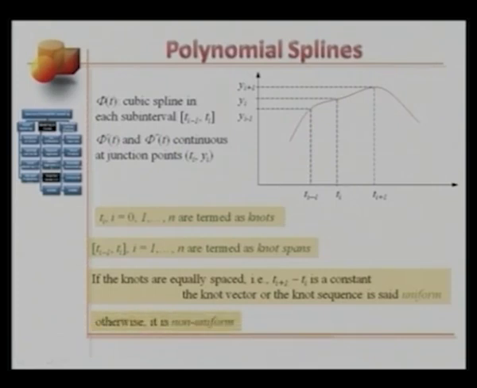Otherwise, if these fixed parameter values are arbitrarily placed, the knot span is called non-uniform. We assume here that these knots are arranged in ascending order. That means t i minus 1 is smaller than t i, and so on and so forth.